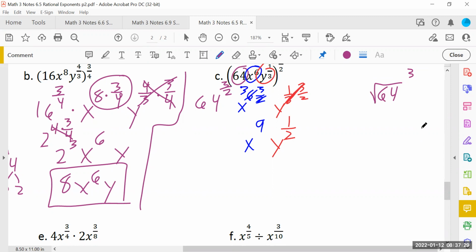Another way to do this would be to say that 64 is 2 times 2, 2, 4, 8, 16, 32, 64. It's 6 2's. Does that make sense to everybody? So if we have 6 2's, I could write this as 2 to the 6th power times 3/2. Does that make sense to everybody?